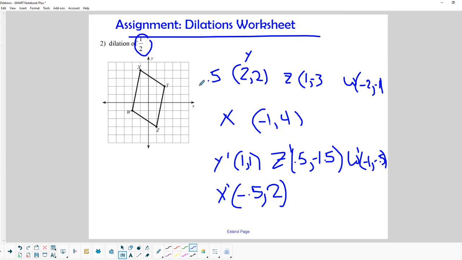So then when you plot those, you'll have your new figure. So 1, 1 would be y prime. 0.5 and negative 1.5 would be z prime.